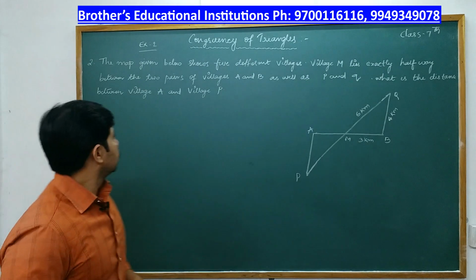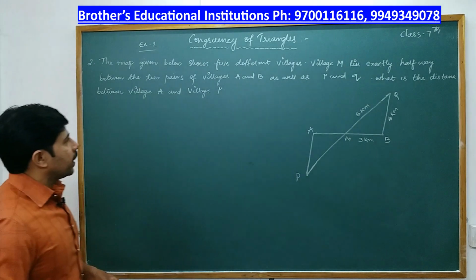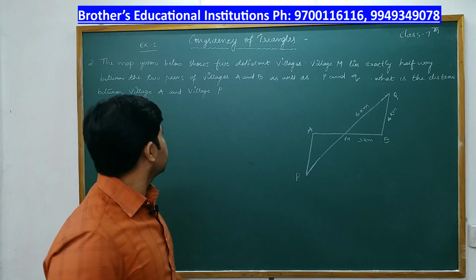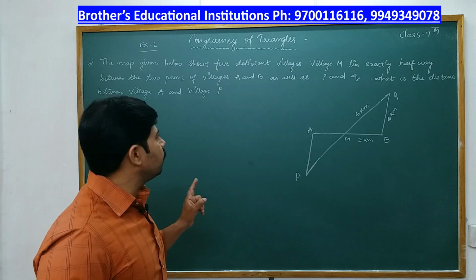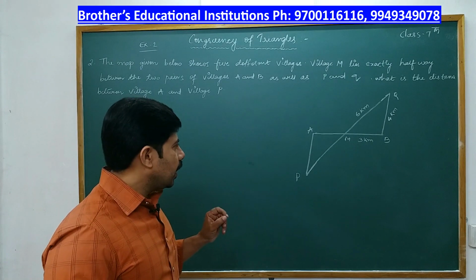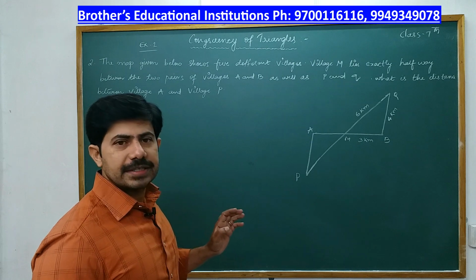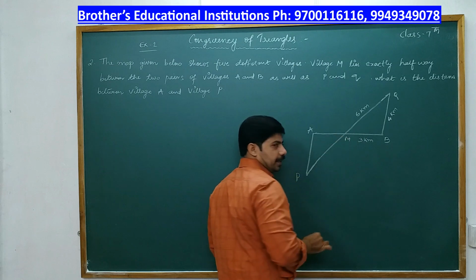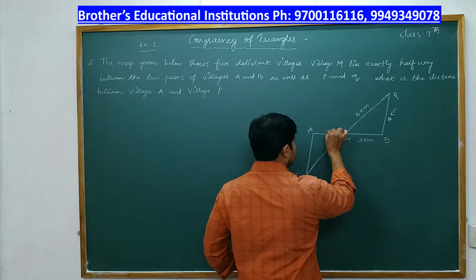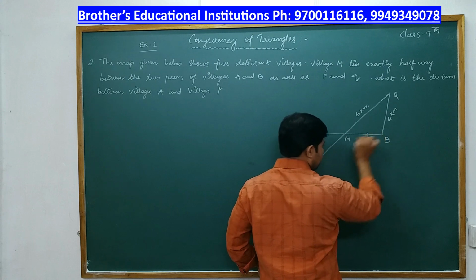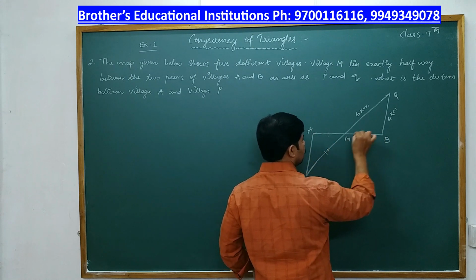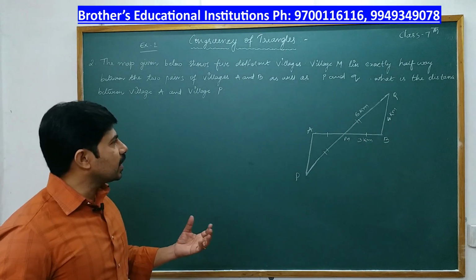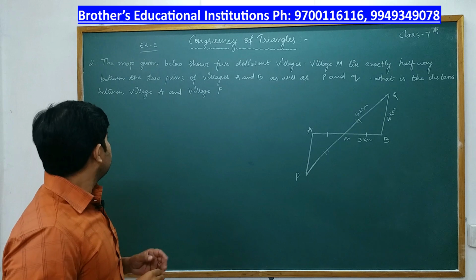Next problem. The map given below shows 5 different villages. Village M lies exactly halfway between the two pairs of villages A and B. Here halfway means M is the midpoint. If M is the midpoint, we get AM is equal to MB and PM is equal to MQ, because M lies exactly halfway between the two pairs of villages.